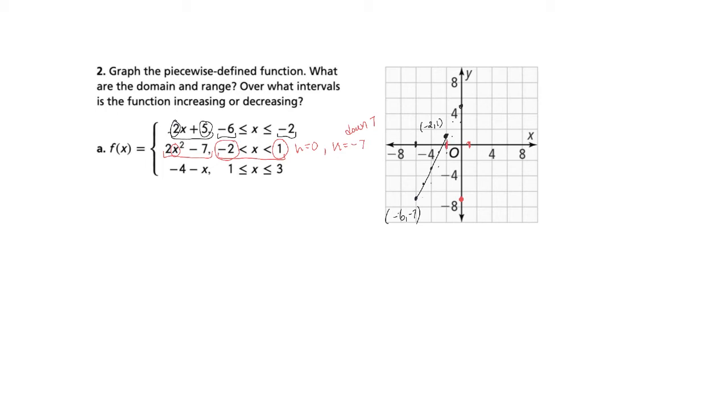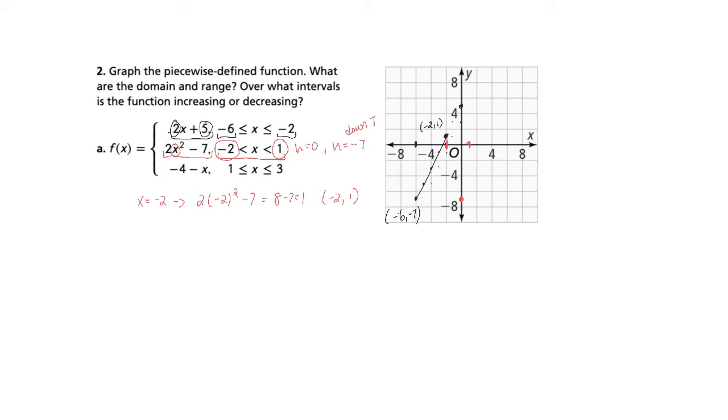Okay, so if x equals -2, we get 2 times -2 squared minus 7. So -2 squared is 4, times 2 is 8. So 8 minus 7 is 1. So we get -2, 1.